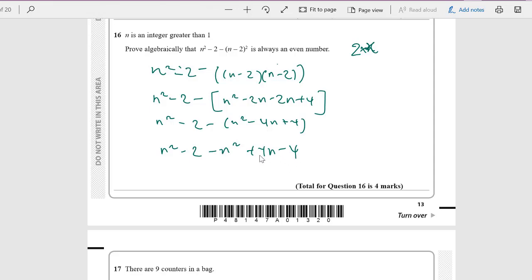So let's simplify. So that cancels with that. I get 4n minus 6. So now I can see that 4 and 6 are even. I can factor out a 2, which will give me 2 times (2n minus 3). So therefore, because there is a 2, that means that this is even.